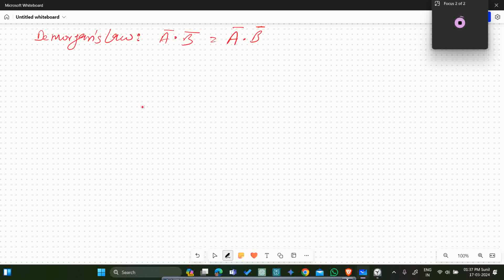This is the first De Morgan law. Then this is also one: we change the sign and break the line. This is how we do it. This is De Morgan's law.